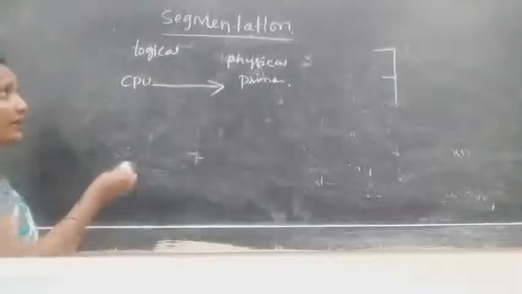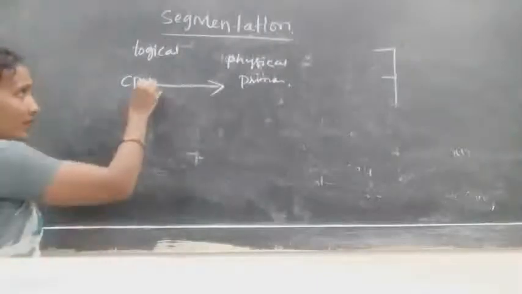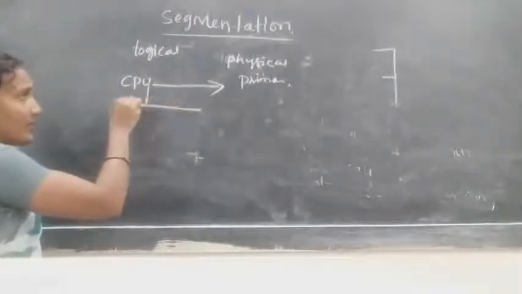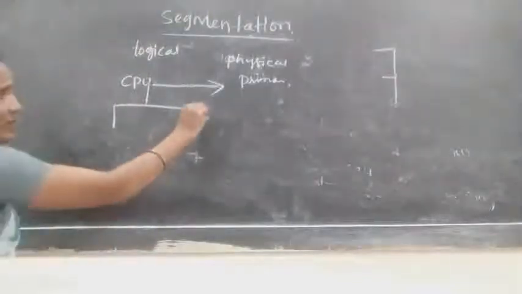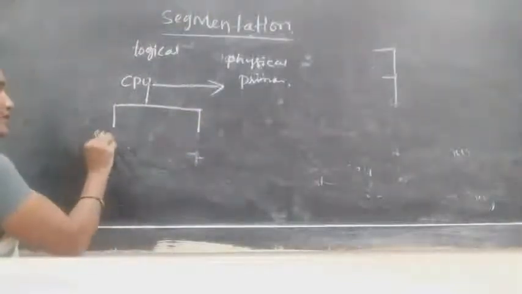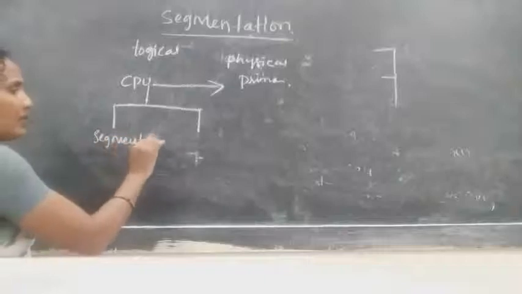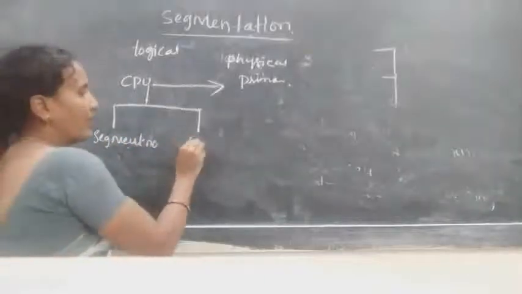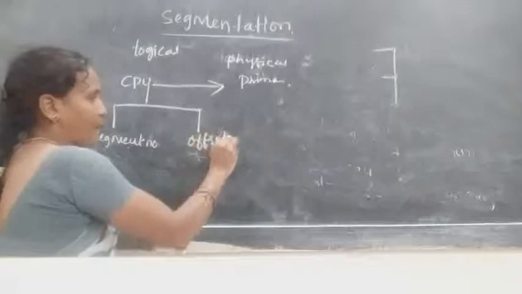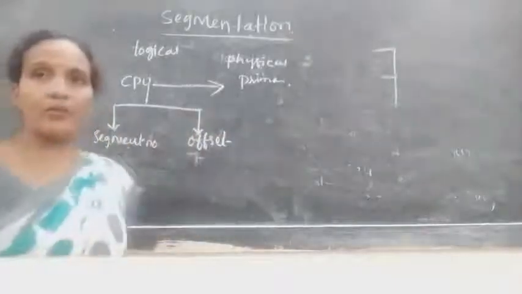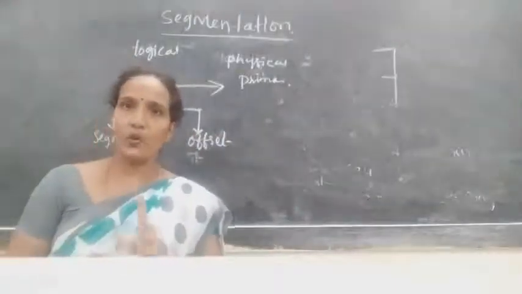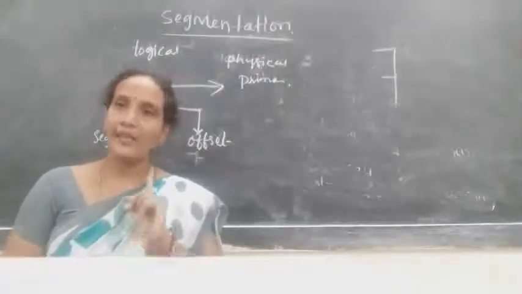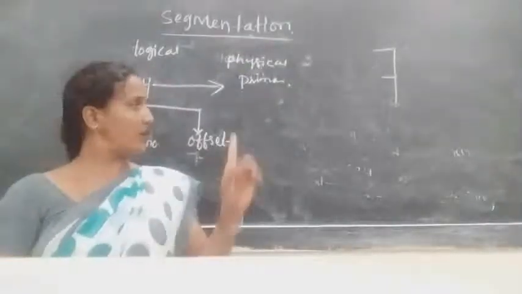The CPU generates a logical address, as already explained, and the logical address consists of two parts: one is a segment number and the second one is an offset.